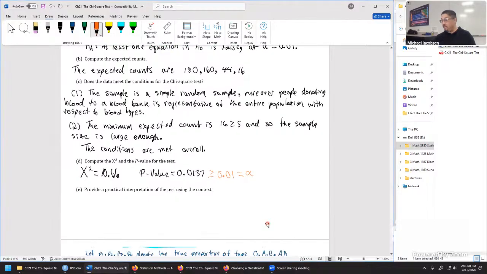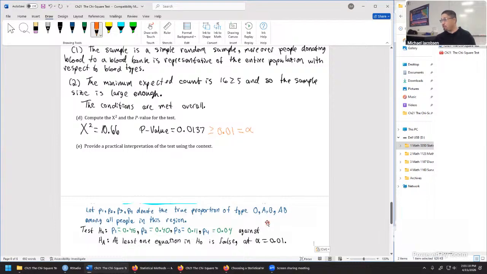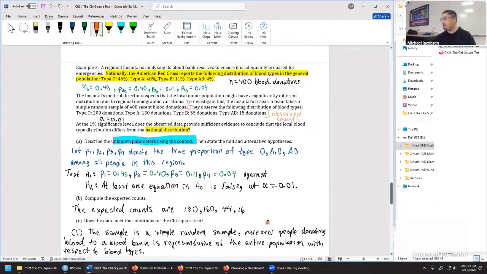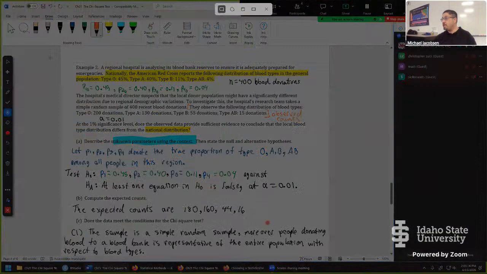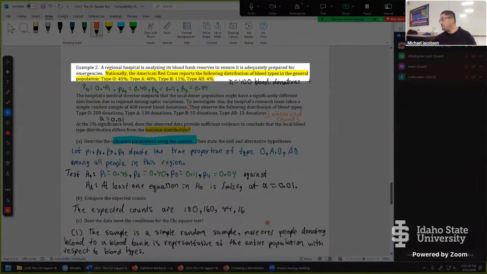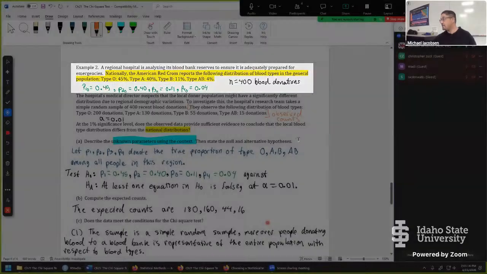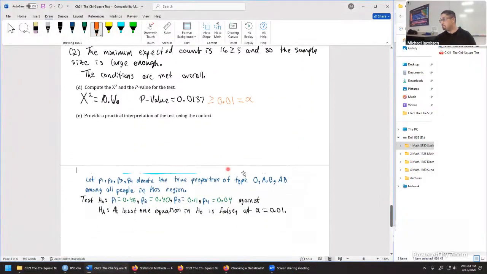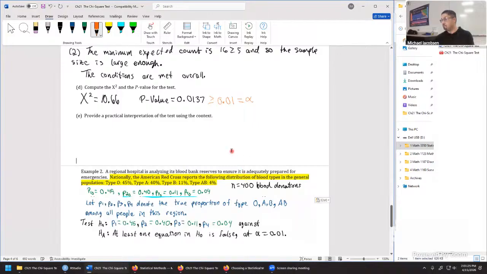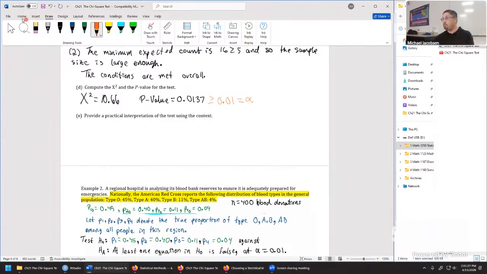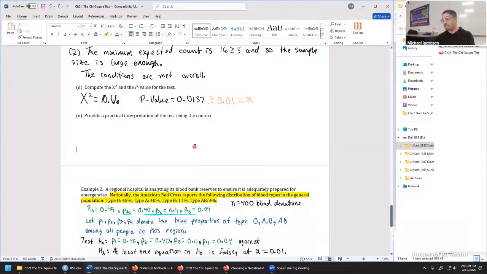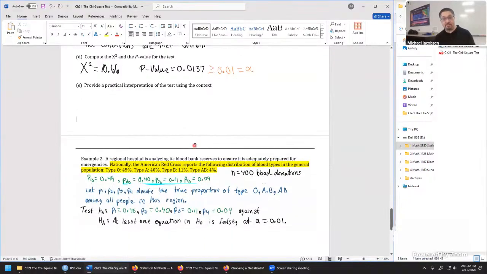To do that, let me drop in our parameters, our hypotheses. Let's also drop in part of the context up here, the information about the National American Red Cross blood distributions. I'll leave this down below just as a reference if you come back here to see how we put everything together for our practical conclusion.